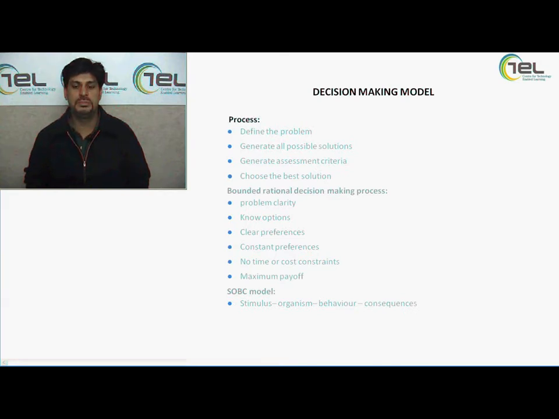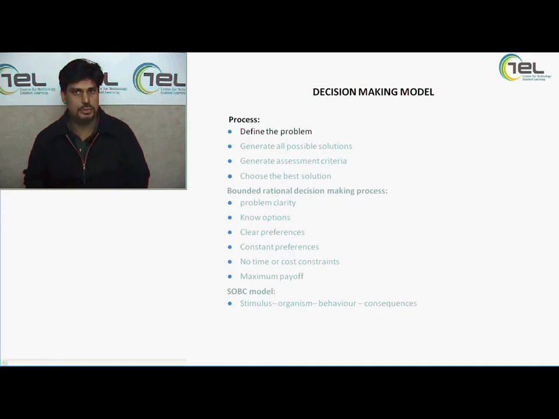Now, the decision making model is basically a model where people's behavior depends on how quickly they can take a decision, how quickly they respond to the situation surrounding them in the environment. So, the decision making model has 4 steps. 1, define the problem.